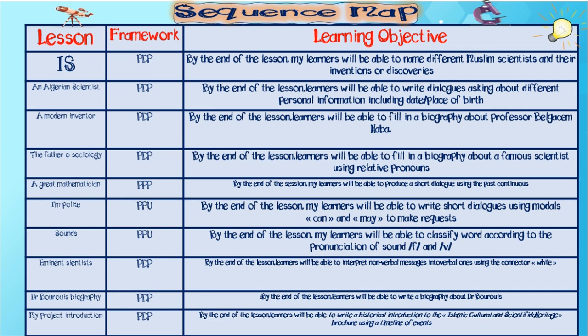So let's start with the initial situation. By the end of the lesson, my learners will be able to name different Muslim scientists and their inventions and discoveries. Here I want to shed some light on the words to invent and to discover. These two words are different, because when you invent something, it did not exist before. For example, when I speak about Abbas ibn Firnas or the Wright brothers, they invented the plane.